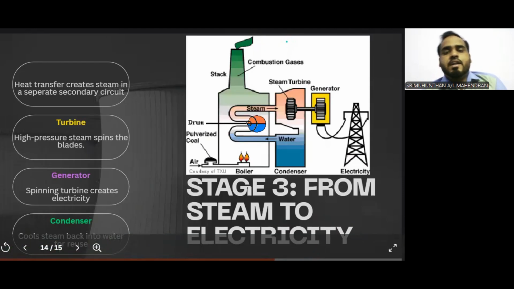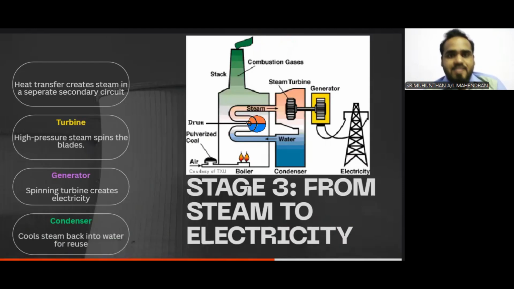Now we convert thermal energy to electrical energy. In the steam generator, the heat from the primary circuit is transferred to a separate secondary water supply. This water boils and turns into high pressure steam. This steam is then piped onto the blades of the turbine, causing it to spin at a very high speed.